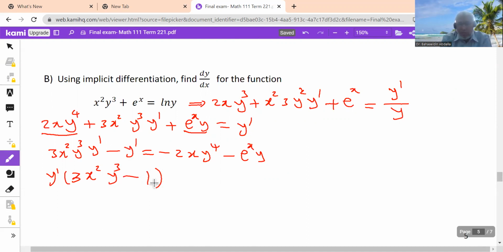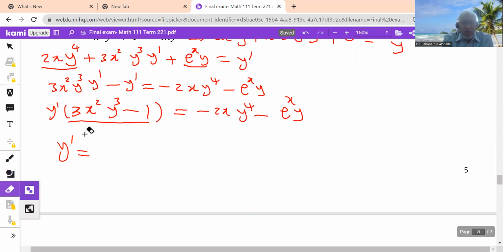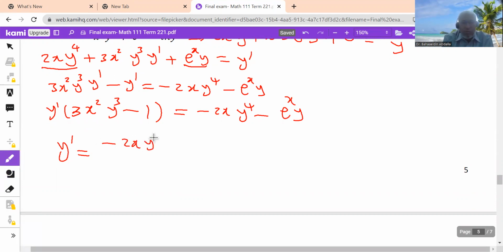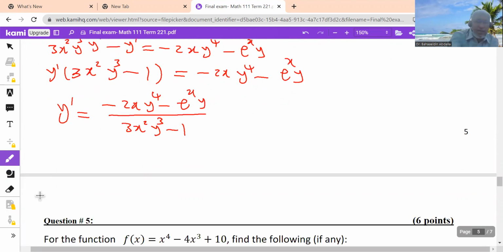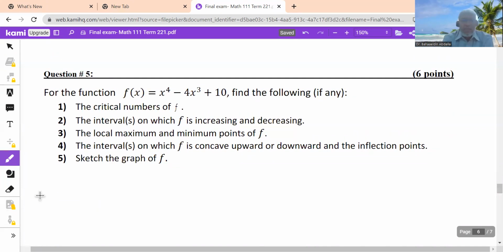You must put 1 here, okay? Equals negative 2x y to the power 4 minus e to the x times y. And finally, to find y prime, just divide by the coefficient of y prime. So y prime would be whatever is in the right hand side over the coefficient of y prime. That's the answer.